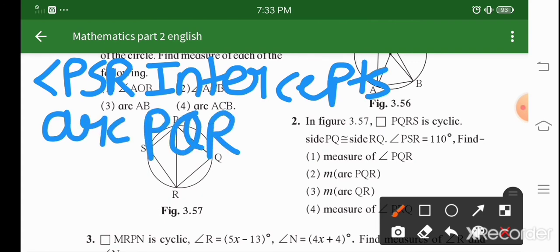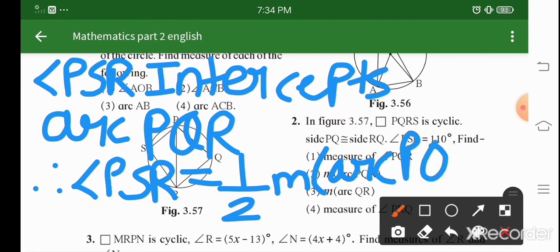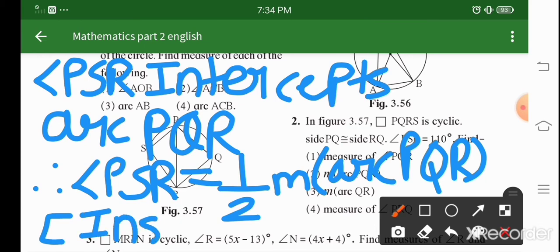So with this we have that formula: angle PSR is equal to half the measure of arc PQR. From where you got this? You have to specify the reason, the inscribed angle theorem.